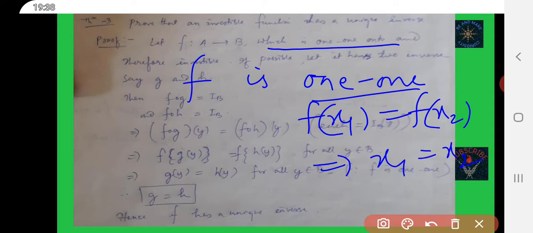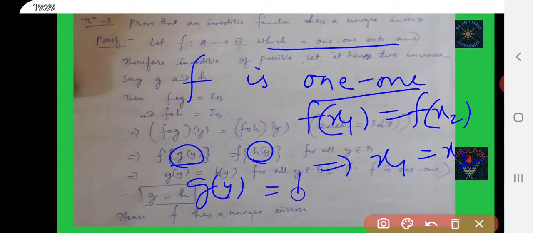So here f of g of y equals f of h of y, so we can write g of y is equal to h of y.